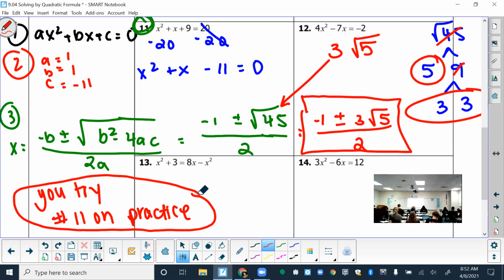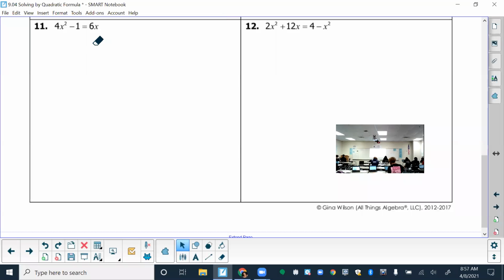So I was thinking of stuff here, right? If I have -1, first thing we are checking for, is it in the right form?